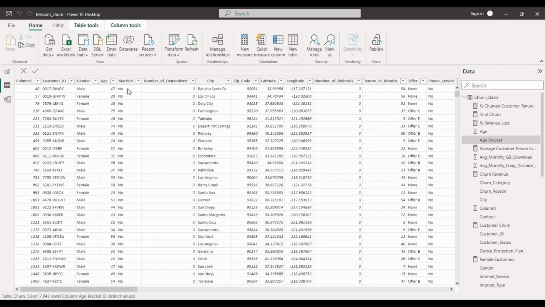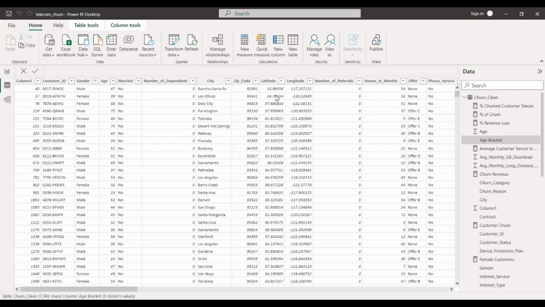And we have married data and number of dependents. Number of dependents indicates the number of dependents that live with the customer. Then we have the customer's residence in California, so there is a city, where almost 700 to 800 cities are there in California, and zip code.